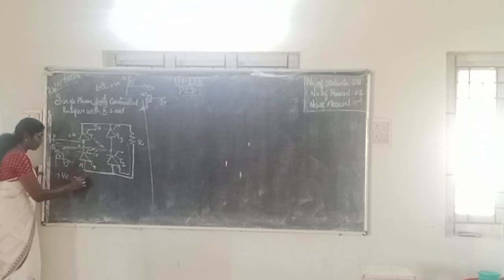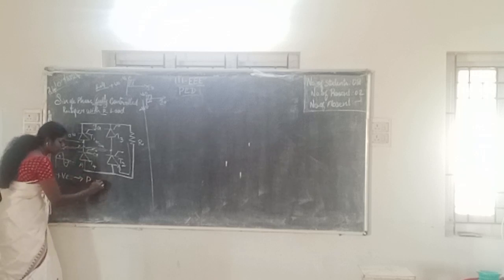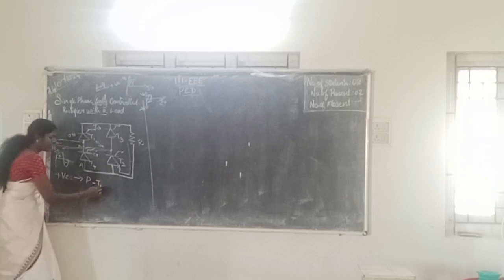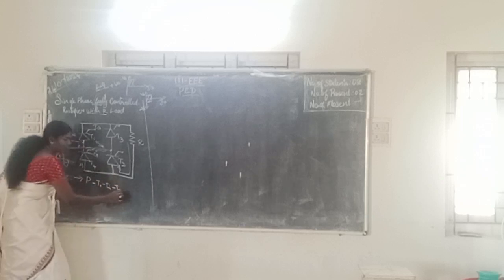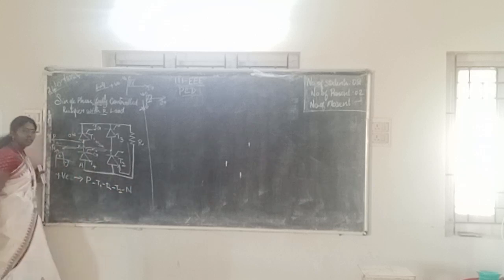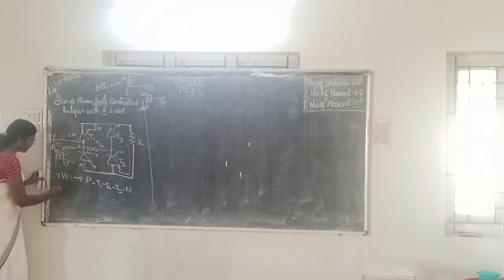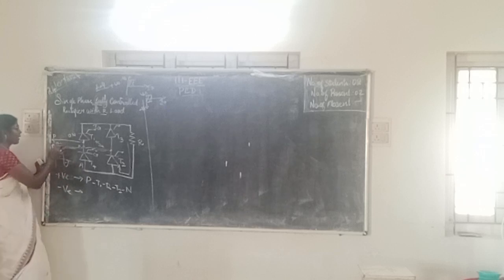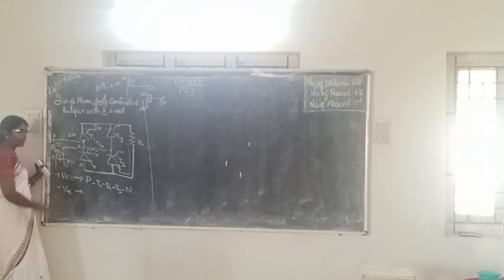During the positive half cycle, the current flows from phase to thyristor T1, next to the R load, next to thyristor T2, and next to the neutral. This is the operation during the positive half cycle. The next operation is during the negative half cycle, which is the reverse of it, neutral to phase. That is 0 to pi operation over.